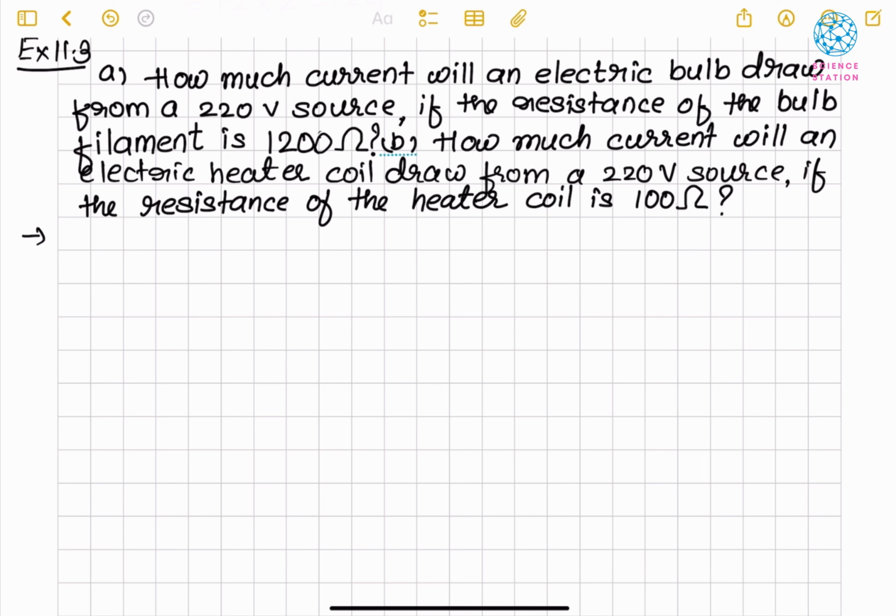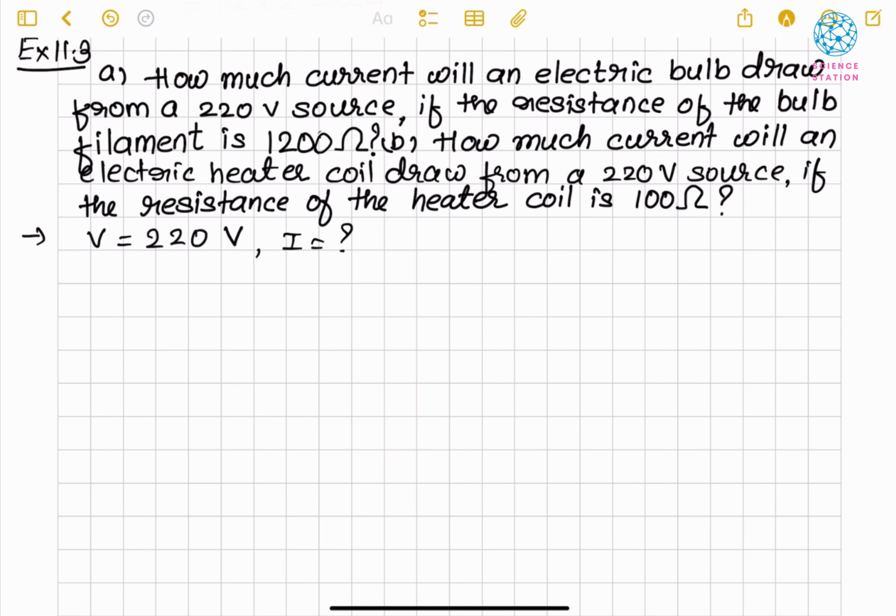Now example 11.3 says: how much current will an electric bulb draw from a 220 volt source if the resistance of the bulb filament is 1200 ohms? B part: how much current will an electric heater coil draw from a 220 volt source if the resistance of the heater coil is 100 ohm? So here, if I see carefully, I am given V equal to 220 volt.